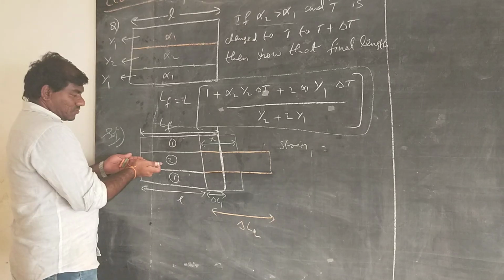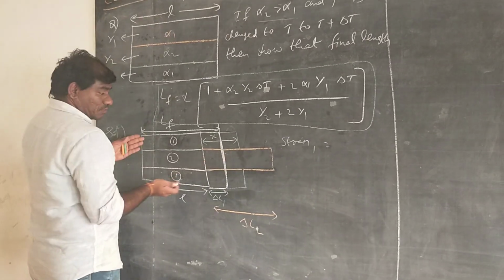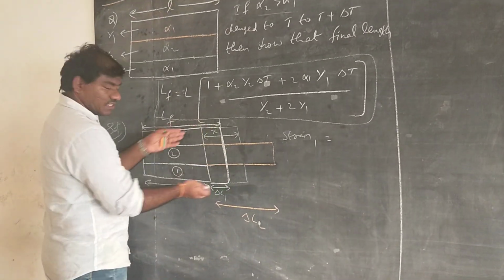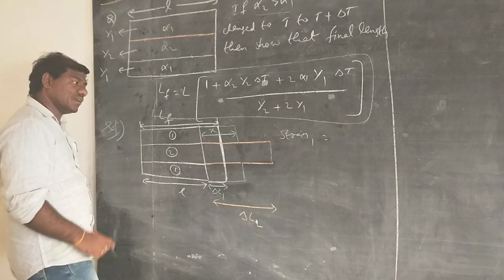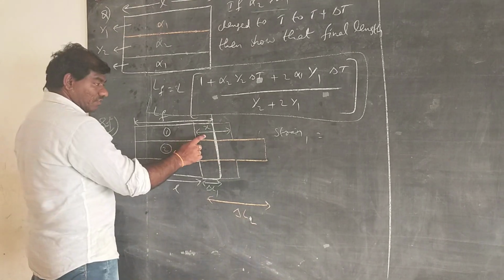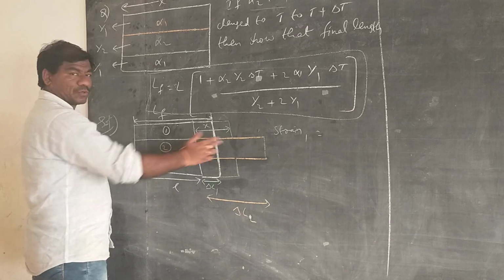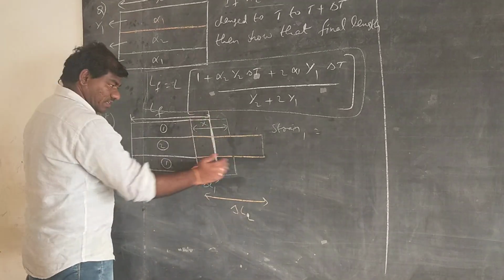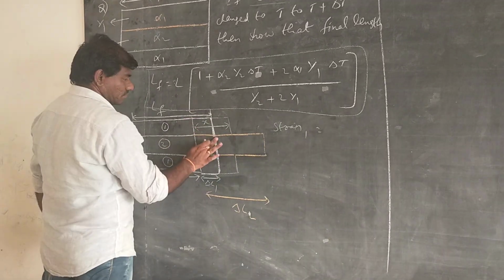But see, this rod alone expanding this much, these both rods expanding alone this much is impossible. Practically it's not possible. Otherwise there is going to be some intermediate distance. So this rod will go up to here, this rod will come up to here. Right? Now this will be the final position.